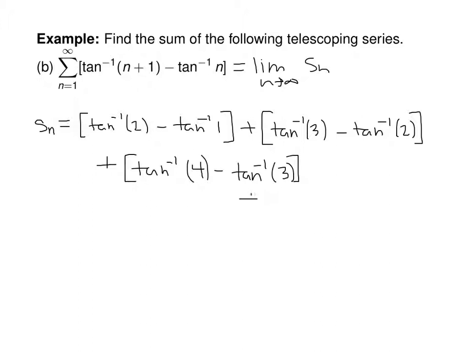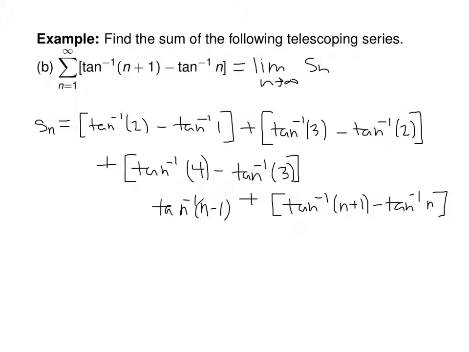And the last term we will have will be tan inverse of n plus 1 minus tan inverse of n. And just one previous term will be tan inverse of n minus 1, and then minus tan inverse n.